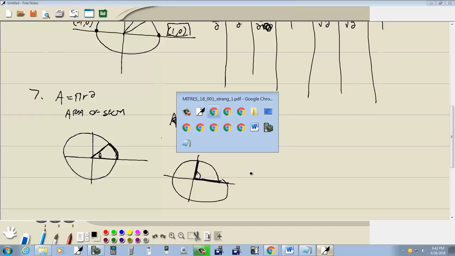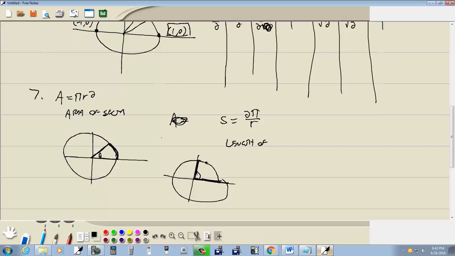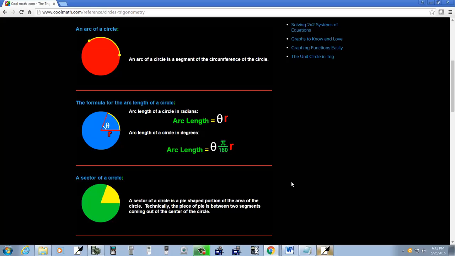And so for our distance, arc length, it's S, is how they represent that. That's arc length, this right here, and it's S. S is equal to theta r, and this is in radians. So this right here would be pi over 2 times r. I don't remember if they give you r.